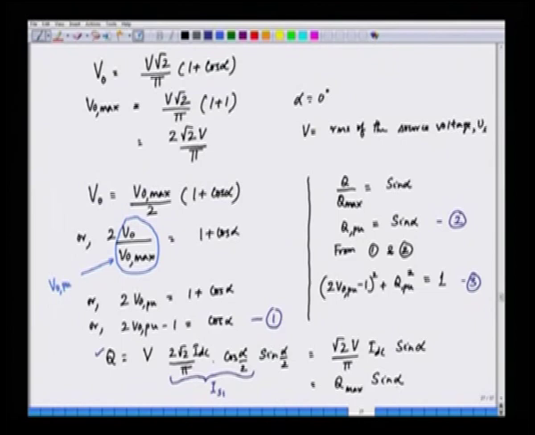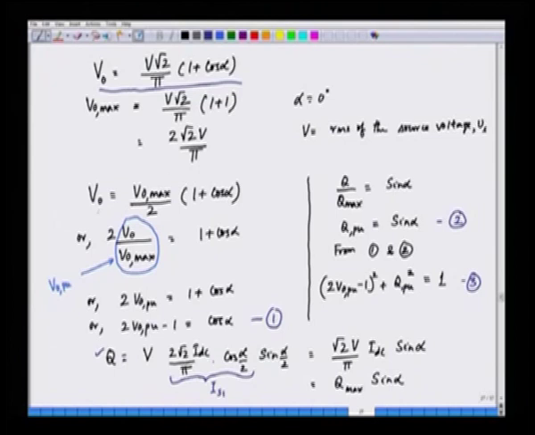Similarly from the output voltage, we know the output voltage here is V naught, that is given by this expression V into root 2 by pi into 1 plus cos alpha, and then the maximum output voltage is V into root 2 by pi, where the sine alpha is 0, will have the maximum output voltage, and that is equal to 2 into root 2 into V by pi.